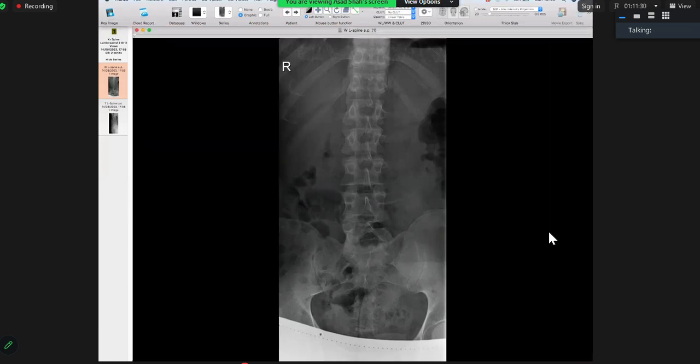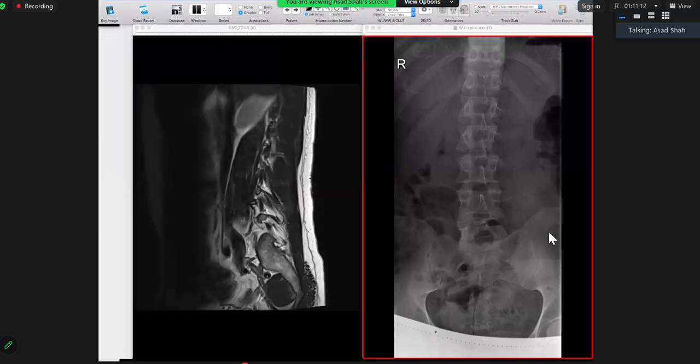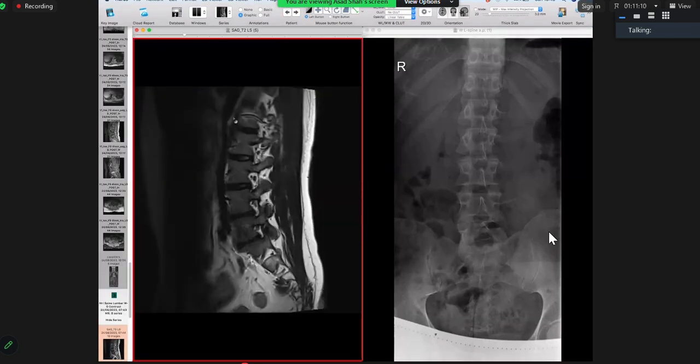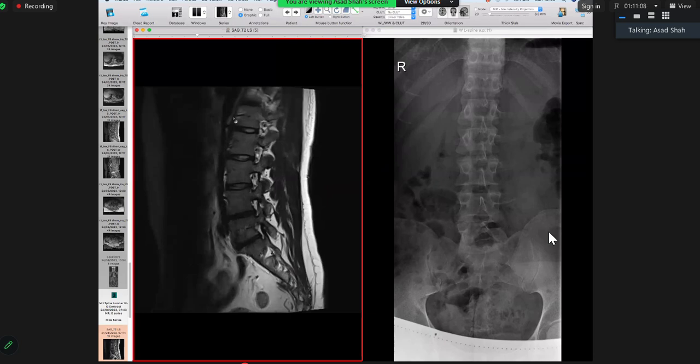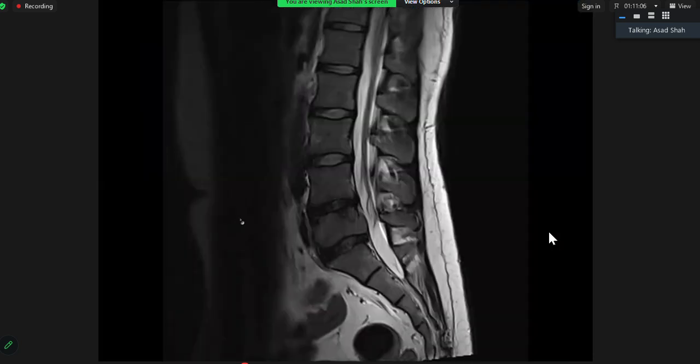Okay, we did an MR in the morning. This is a T2 weighted image for you.